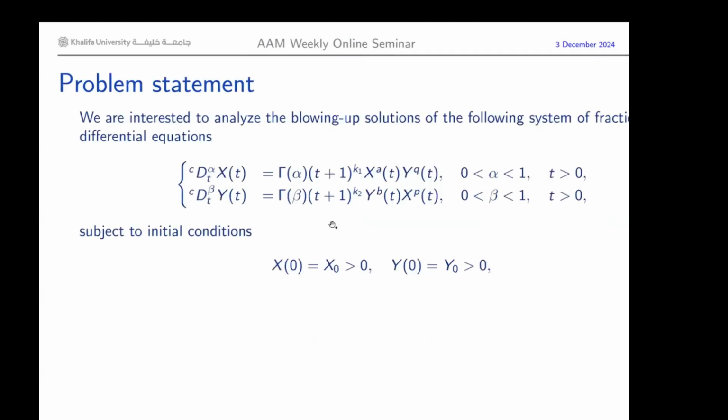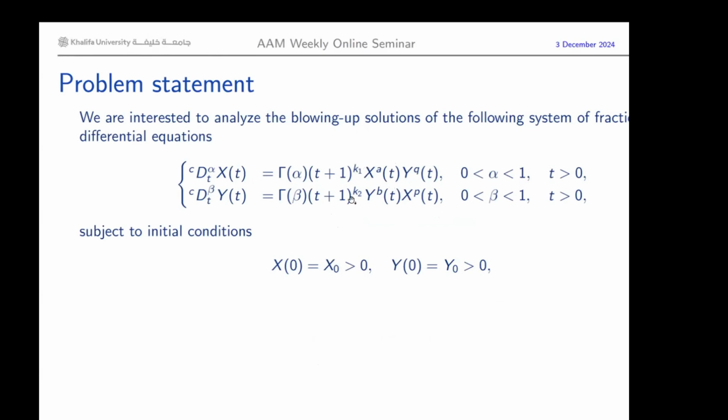So in our research, we are interested to analyze the following system of nonlinear fractional differential equations with power nonlinearities. Here, the powers a, b, p, q are assumed to be greater than 1.